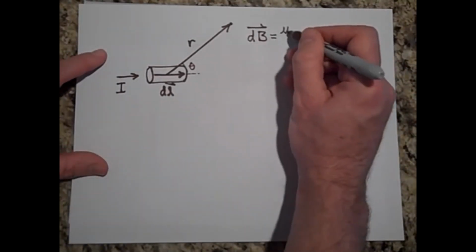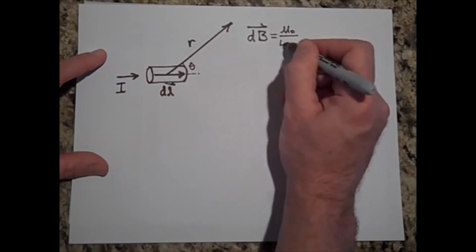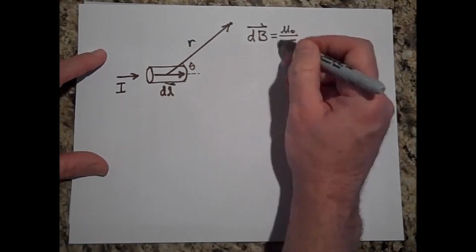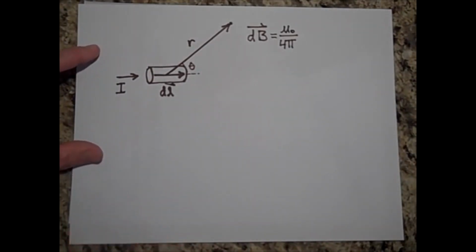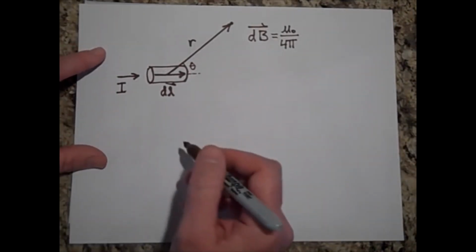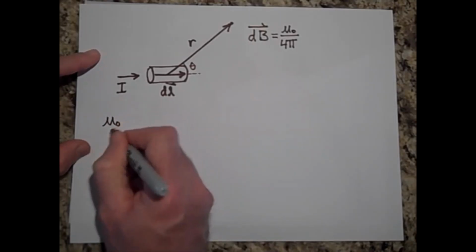It's going to be mu naught over 4 pi. Remember, this whole thing equals 1 times 10 to the negative 7th, and the units on that are Teslas meters over amps.